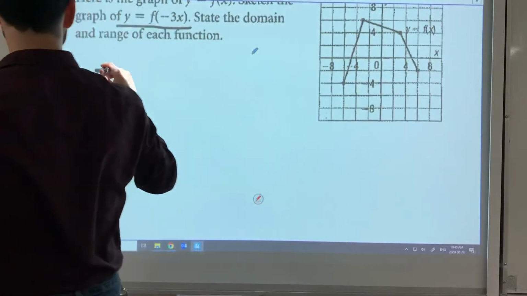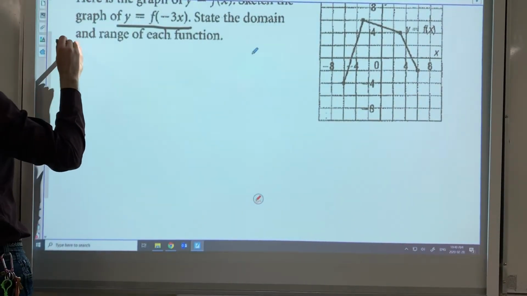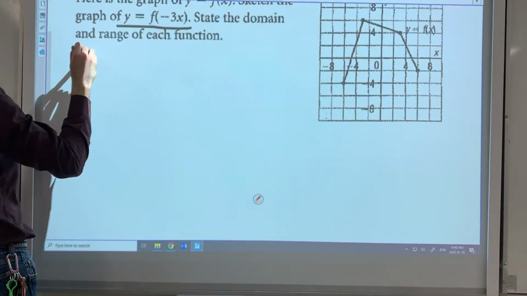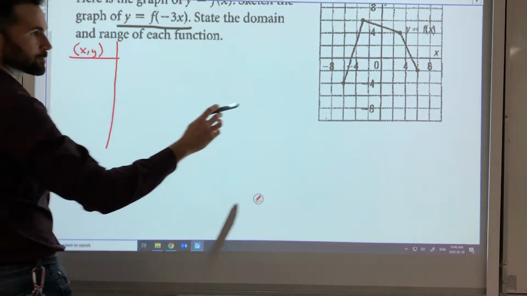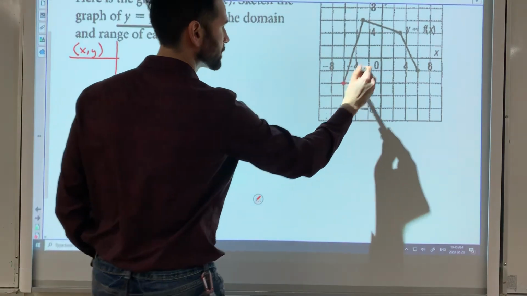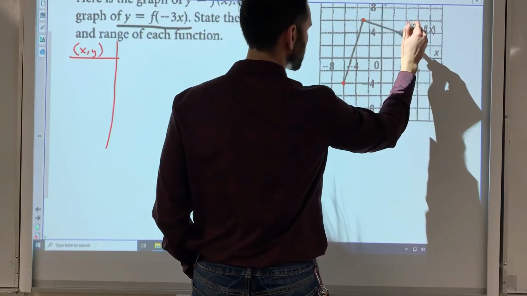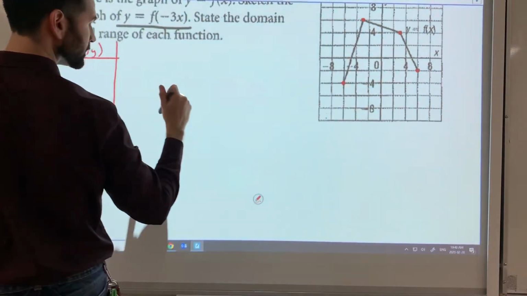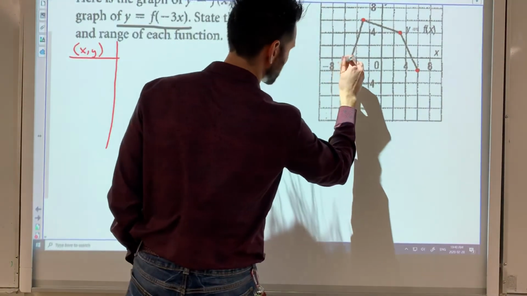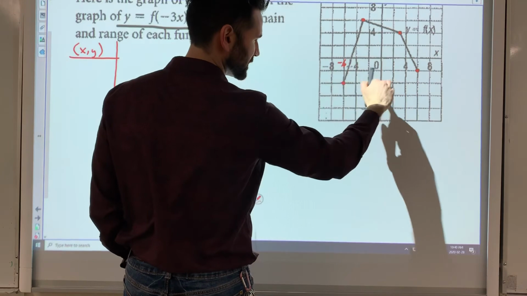Definitely make a table. So have your original xy points. List them out. So this one, this one, this one, and this one. So we got -5. Be careful, the scale's going up by 2 again, isn't it? Yeah, just be very careful.